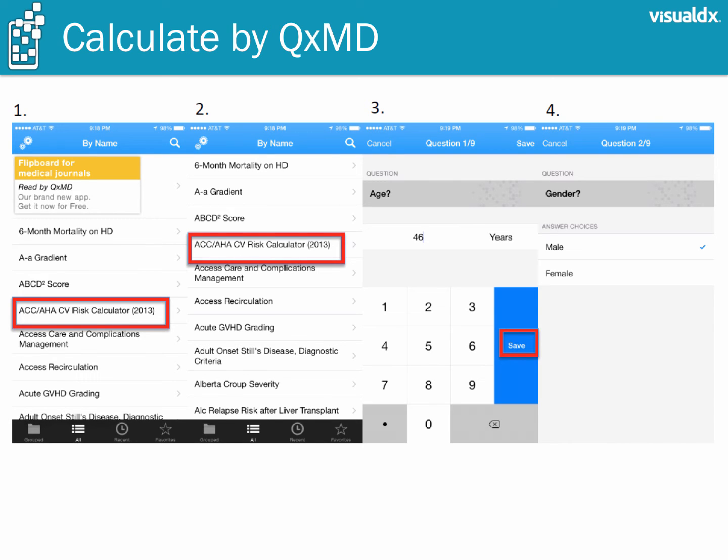So the questions I had for him in particular were, what is his cardiovascular risk for developing heart disease or stroke?